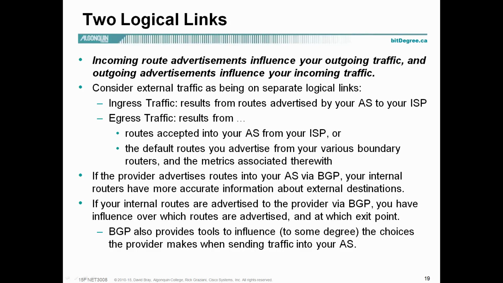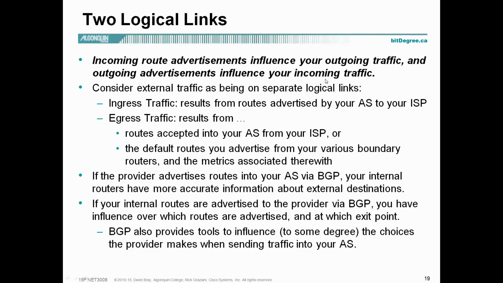So when you're using BGP more than ever now, you want to think about routing as 2 logical links. What we mean by that is that incoming route advertisements are going to influence your outgoing traffic, and outgoing advertisements will influence your incoming traffic. So remember what I said, that if you advertise a route out, you're going to draw traffic towards you, because your outgoing advertisements will influence what comes towards you.